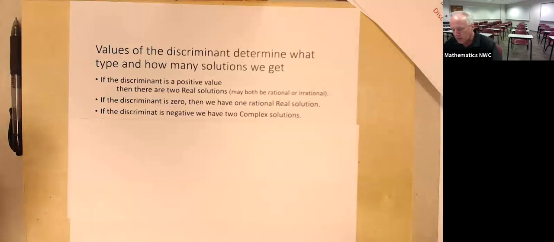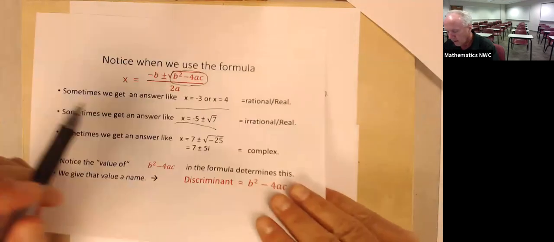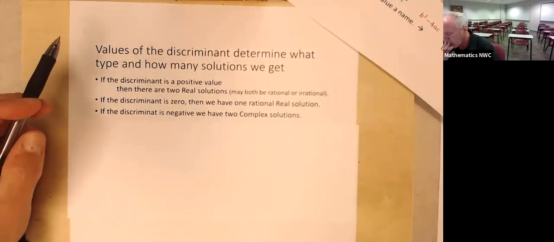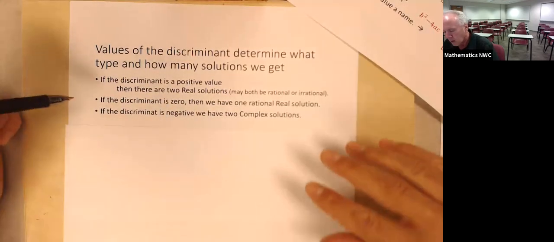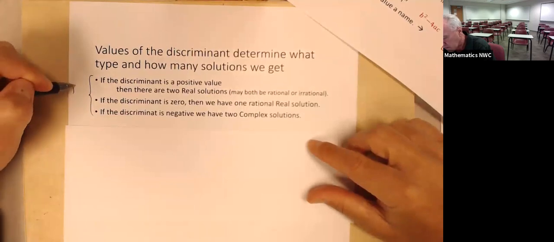Sorry about that interruption. If the discriminant is negative, like a negative 25, it was in this case, then I get an i, which is a complex solution. We should know what these three results produce.